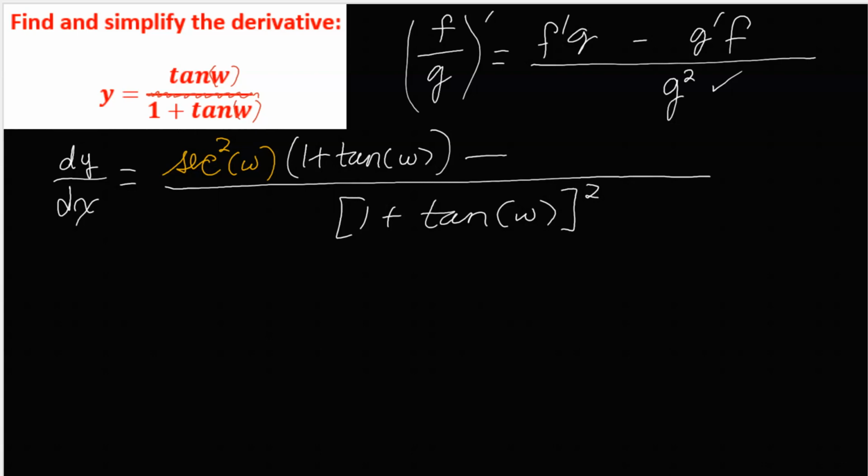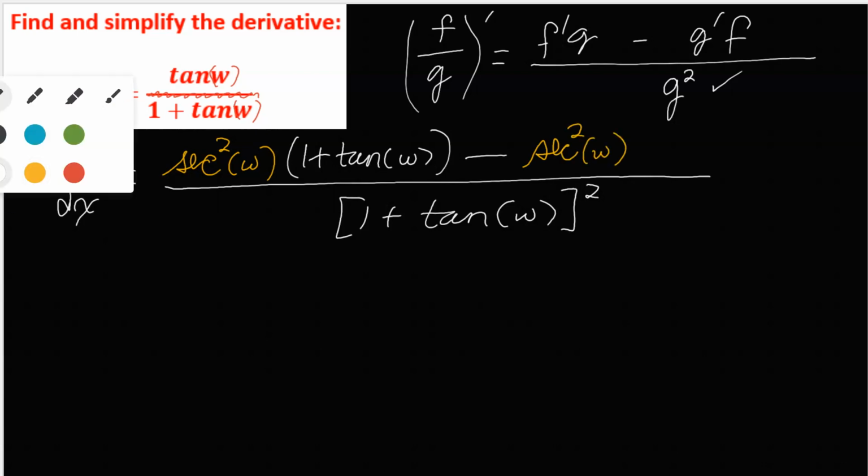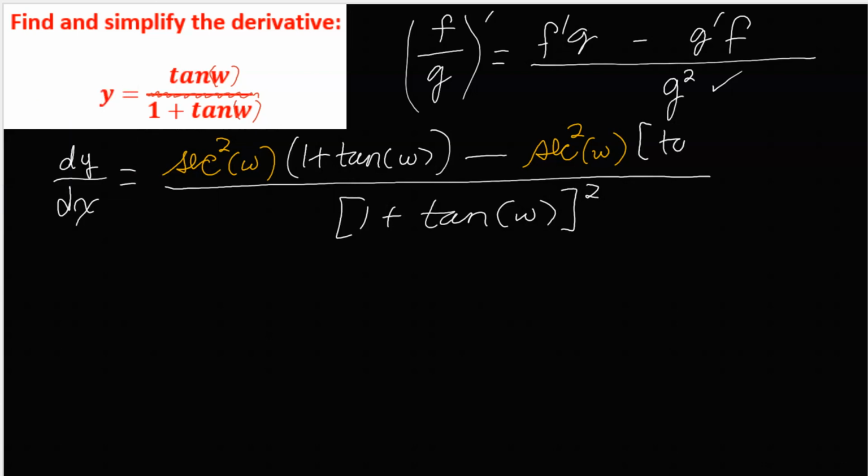The derivative of tangent w is secant squared of w multiplied by the numerator, which would be tangent of w.